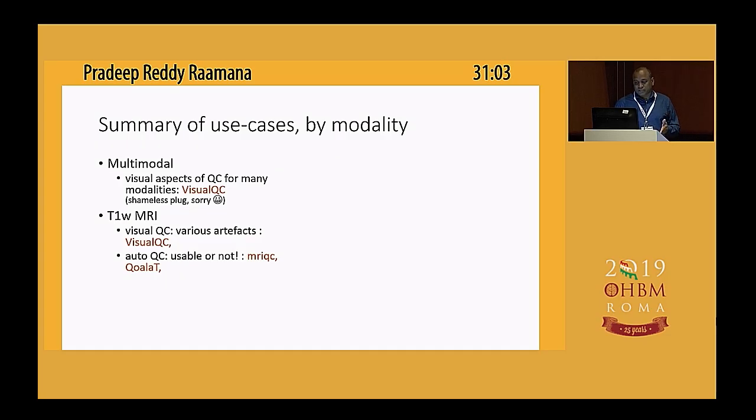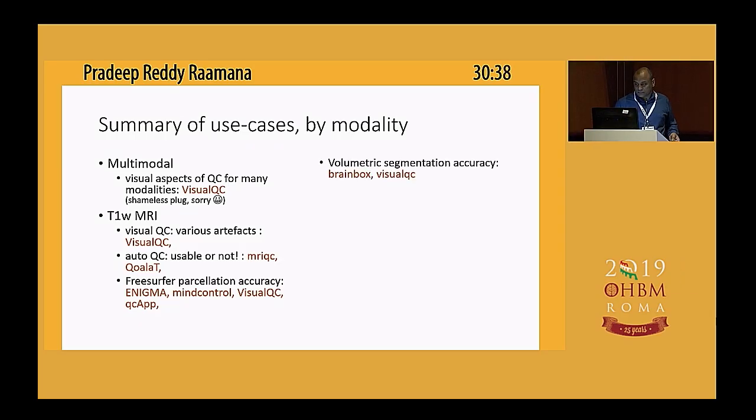Another QC use case I touched on in the first talk is FreeSurfer parcellation accuracy, and there are multiple tools to make that process really easy, including protocols from the ENIGMA Consortium, an app called Mindcontrol, which has a web interface. Visual QC also helps with that, and there is a QC app from Roberto Toro that can make this process really easy.